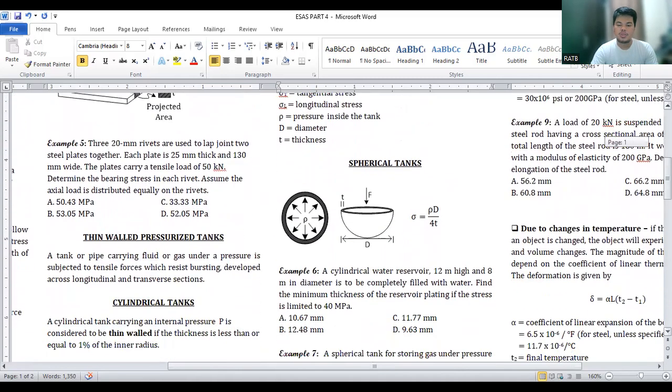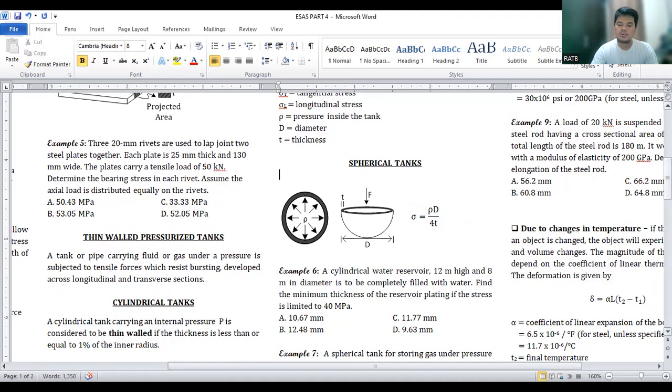Whereas for spherical tank, the stress developed is equivalent to the pressure inside the tank multiplied by the diameter, and divided by 4 times the thickness of the tank.